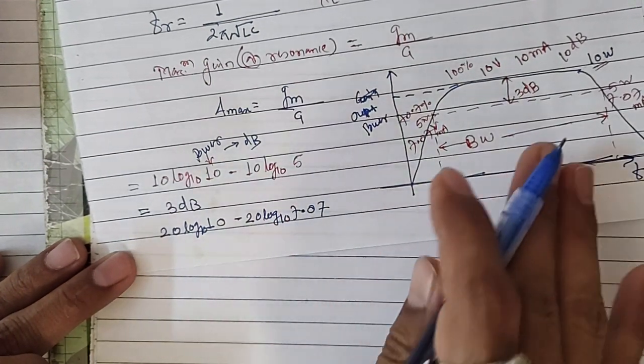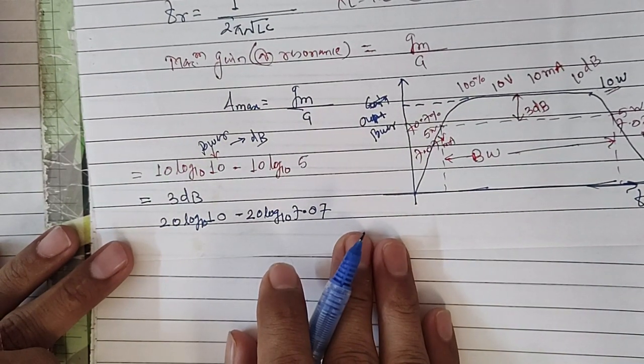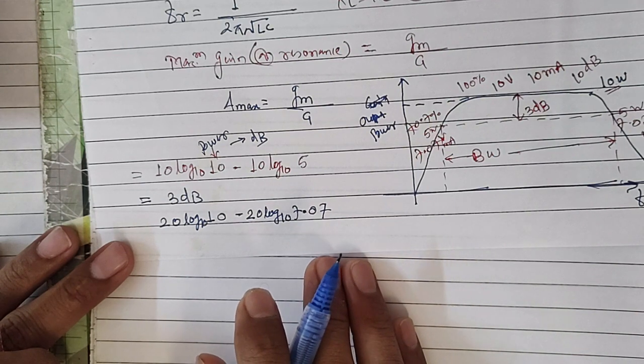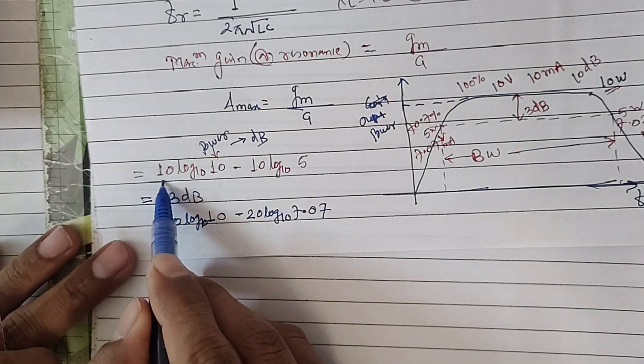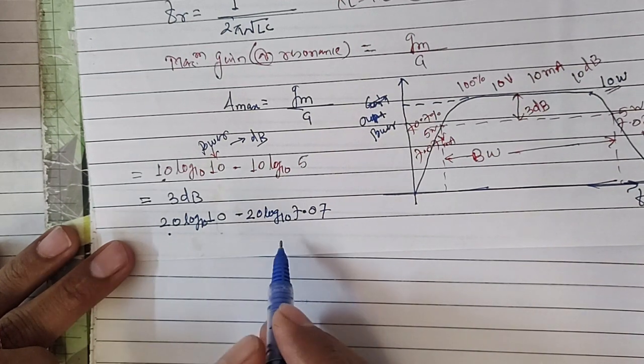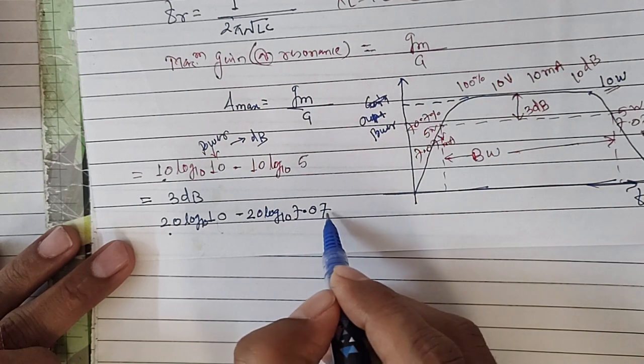because dB was first applied for power, and according to the conversion from power to voltage or current, a square term will appear there, so that 2 will get multiplied with this 10, so it would become 20 log base 10 of 7.07, which is 70.7%.